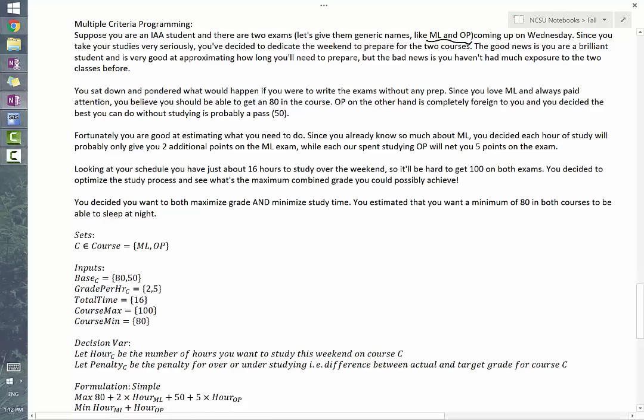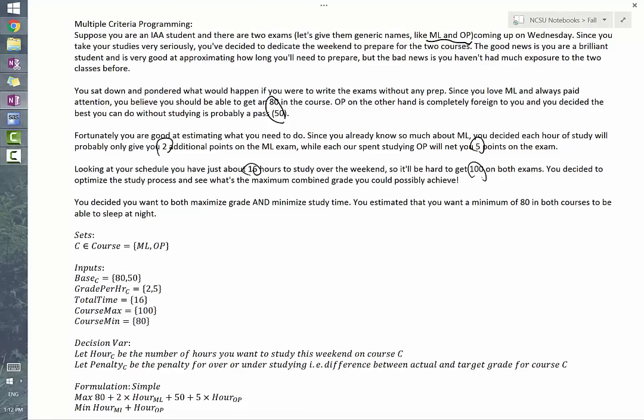We're making decision on OP. We have our base grades, we have our additional grades, our constraint, and max constraint. Now, you decided you want to both maximize grades and minimize study time, and you estimated that you want a minimum of 80 in both courses to be able to sleep at night.